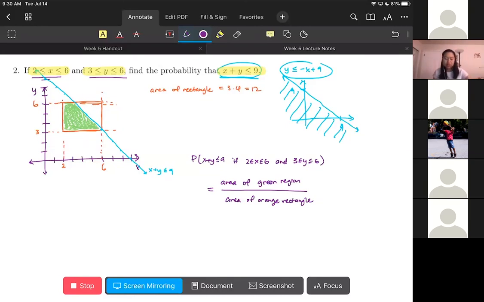Because the orange rectangle represents all the total points that we could be picking, with the constraints 2 is less than or equal to x is less than or equal to 6, and 3 is less than or equal to y is less than or equal to 6. And the green region represents the portion of that where x plus y is less than or equal to 9.